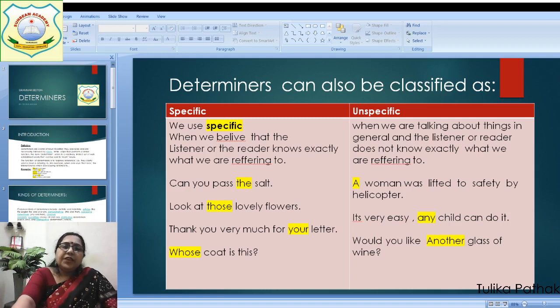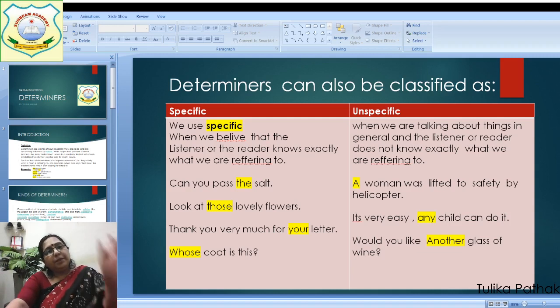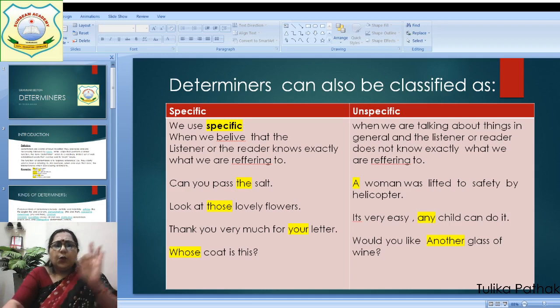So specific and unspecific. What is specific, children? We use specific when we believe that the listener or the reader knows exactly what we are referring to.